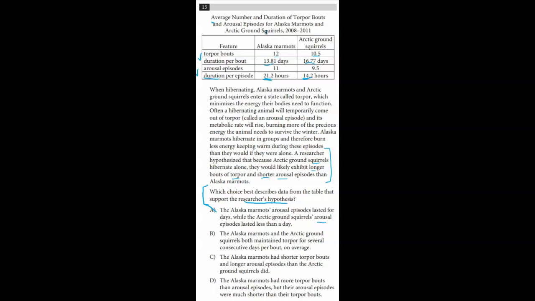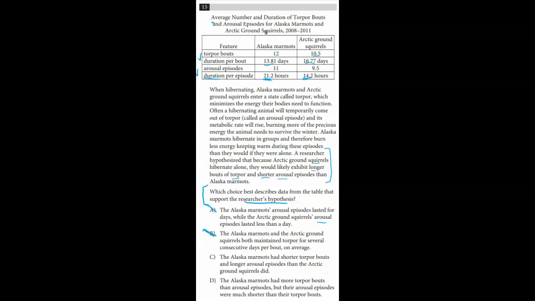That's not days. So A is just out because it's wrong. B, the Alaskan marmots and the Arctic ground squirrels both maintain torpor for several consecutive days per bout on average. No, because once again, this doesn't talk about the difference between them, and that's supporting the claim that squirrels would have longer bouts of torpor and shorter arousal episodes than marmots, and this doesn't compare the two.